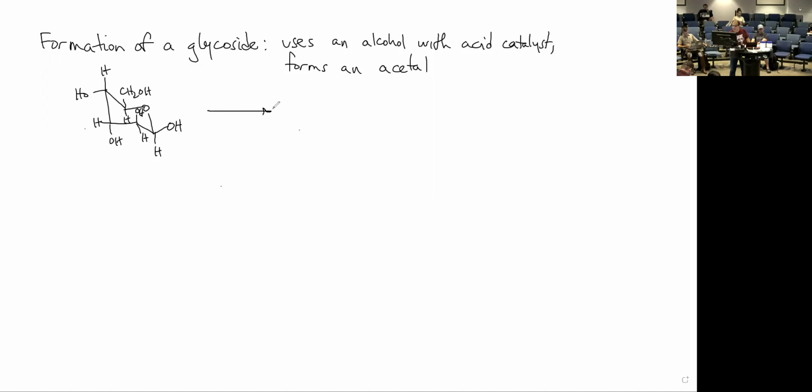So let's say that we treated this with ethanol, with an acid catalyst. We'll just say H+. It might also say H2SO4, for example. A catalytic amount of any acid is what you need in order to catalyze the reaction and make it go faster. But what will happen is it will convert the hemiacetal to a full acetal.